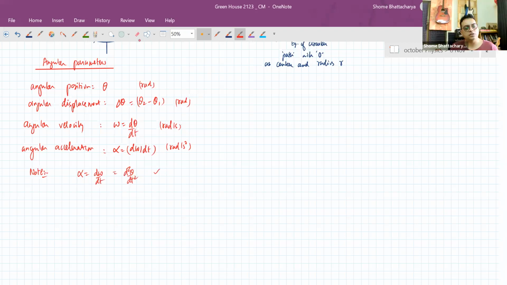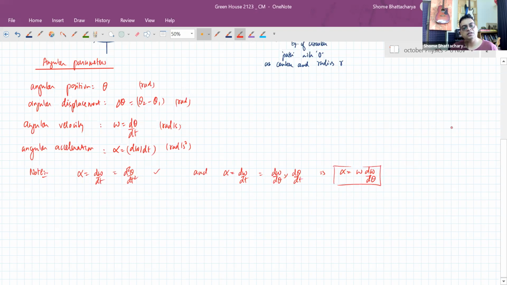And also by using the chain rule, alpha can also be written in terms of d omega by d theta.